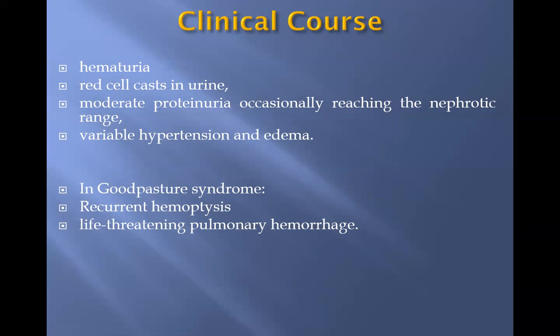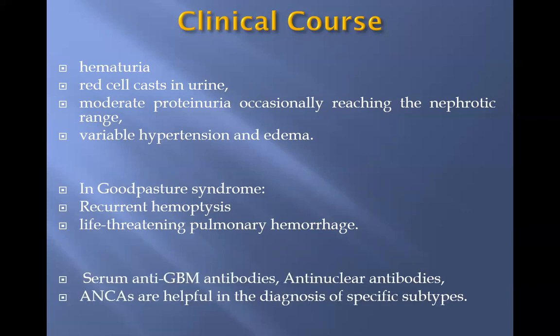So you have to treat this in a separate way. We will discuss. To identify, serum anti-GBM antibody, antinuclear antibody, and ANCA are helpful in diagnosis of the specific type, P-ANCA or C-ANCA. So you will perform these tests to diagnose which type of rapidly progressive glomerulonephritis you are dealing with. Okay.